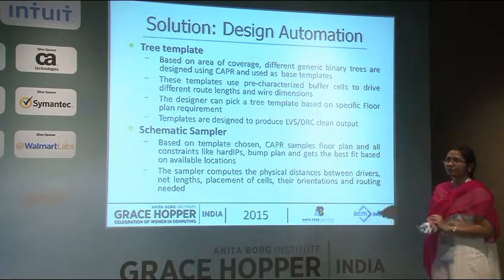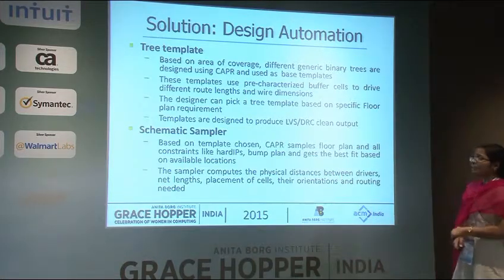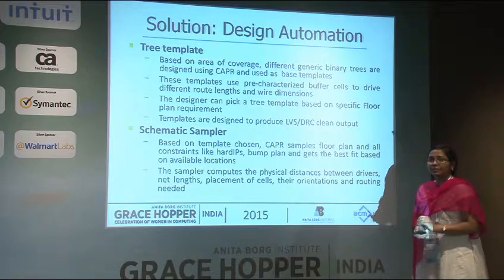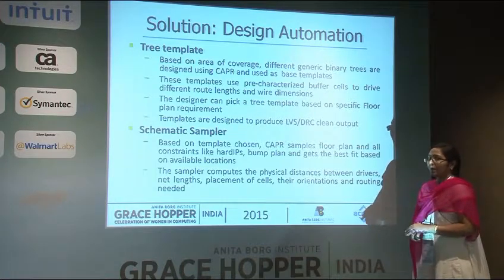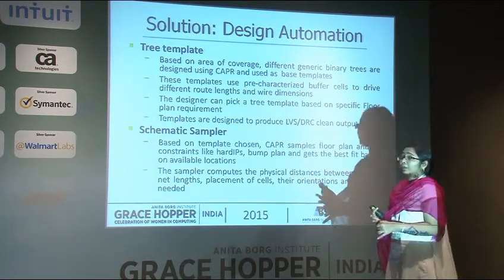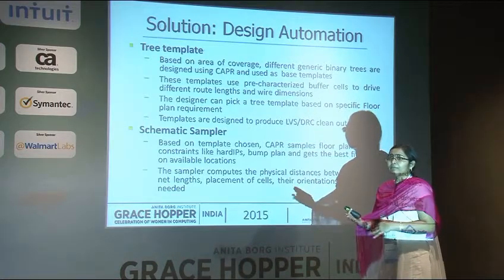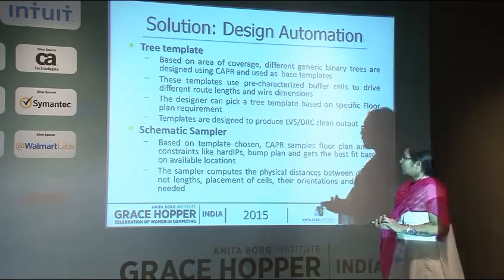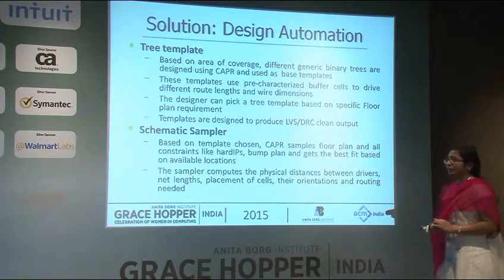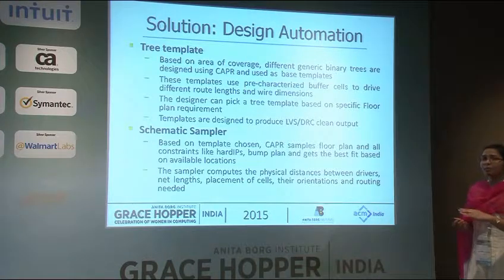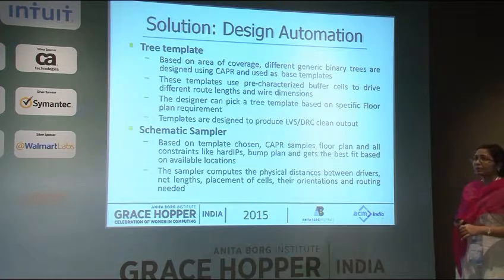where this tree fits. The sampler computes the distance between the buffers and the nets to be driven, reuse cells, everything, and gives the proper plan for how to be placed in the layout.